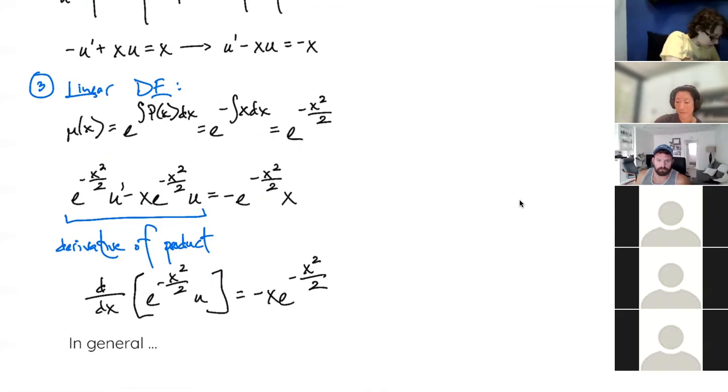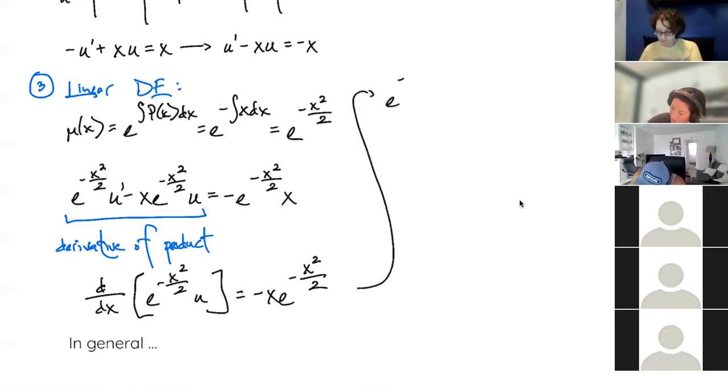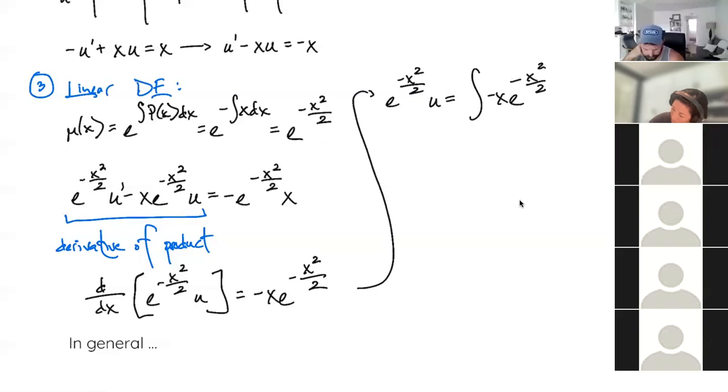Now, since we've already used the letter U, let's choose a different letter. And let me write that integral first. So when we're integrating that right-hand side, we're going to go ahead and set up a U substitution.